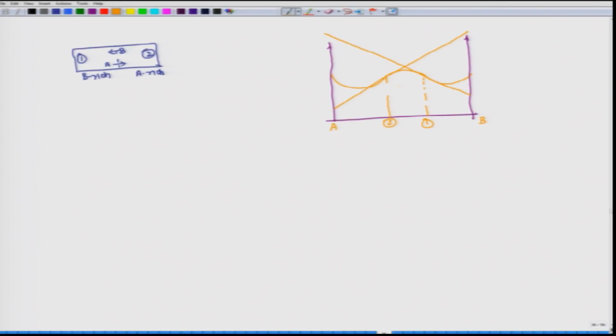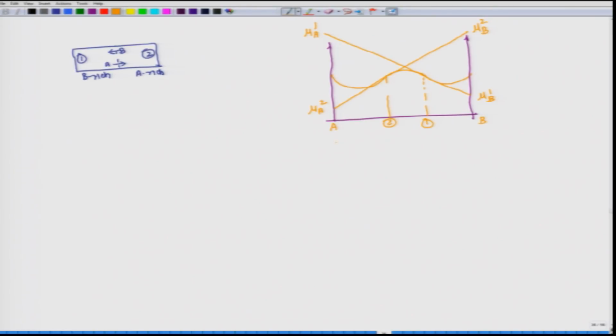Now, here, so this is for system 1, and here we will have mu A2. So, in system 2 the chemical potential for A is this, and in system 1 chemical potential for A is this. Over here chemical potential of B in 1 is this, and chemical potential of B in 2 is this.